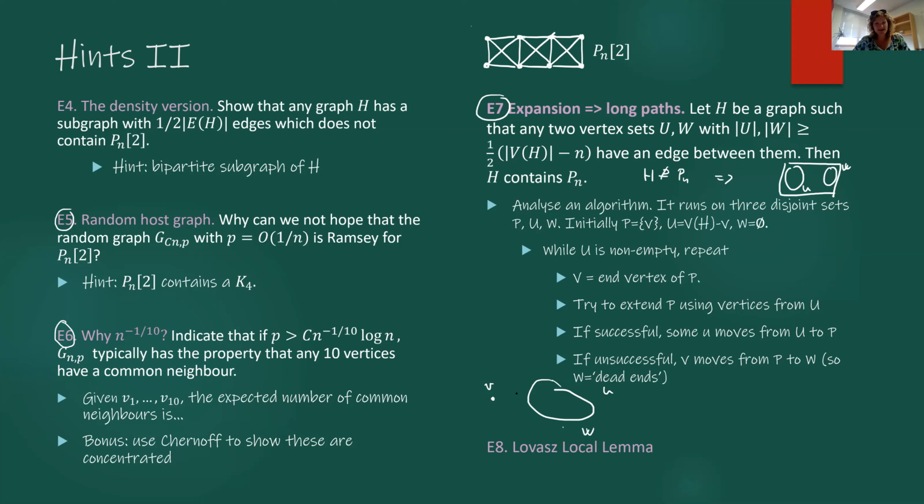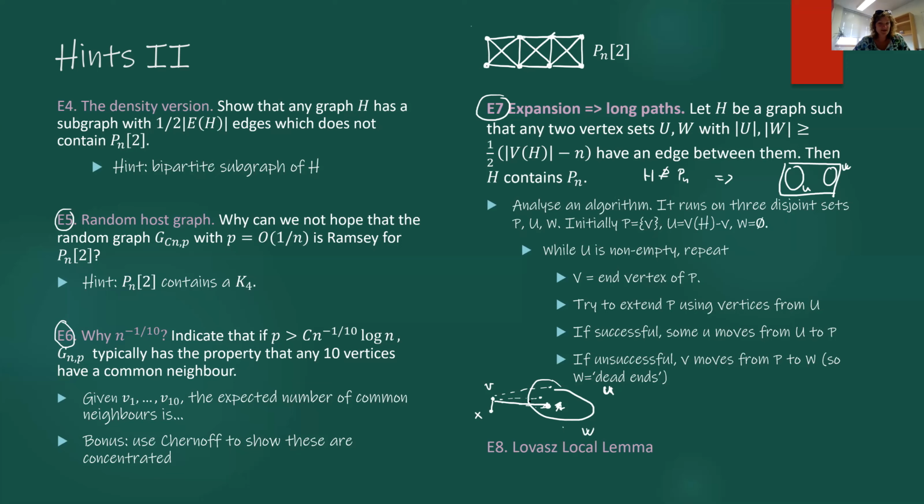Our aim is to extend the path using vertices from U. So we're going to seek edges in this set U. Once we are successful, so let's say we found an edge here, then this vertex, say X, will move to the path. So this is X, and we'll remove X from here. So X gets deleted.